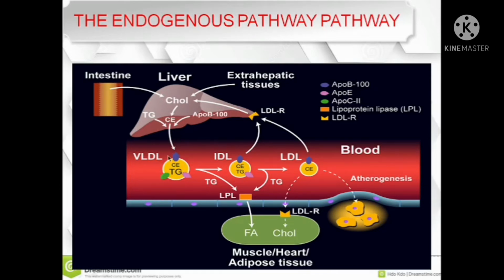Remember, in the exogenous pathway, after the last ApoC2 has returned to HDL, the product is known as what? Chylomicron remnants. But here, after the last ApoC2 has returned to HDL, the remaining particles are known as IDL.